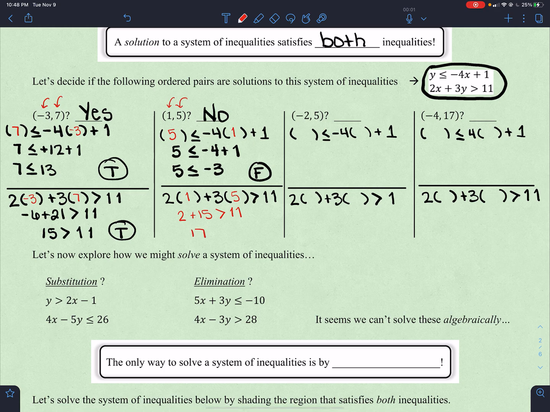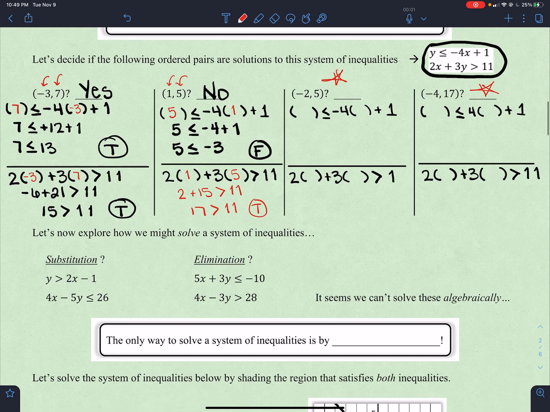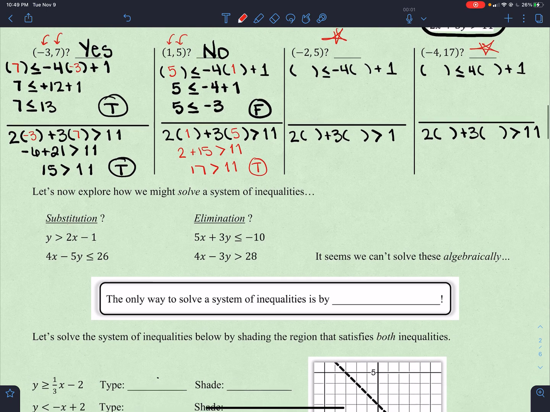So is 17 greater than 11? Yes, that's true. However, since one of them is false, that makes it not a solution. Okay? All right, so then these two here are going to be yours for your homework tonight, or for this afternoon. Even if you pause the video now and continue practicing with those two, you can, and then just come back to go on to the next ones here.